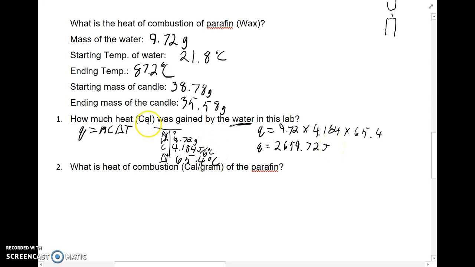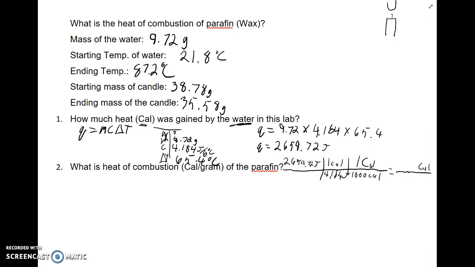But this question asked me for calories. So now I have to use dimensional analysis to convert those joules to food calories. I'll begin over here, 2,659.72 joules. There are 4.184 joules in 1 small calorie, and there are 1,000 small calories in 1 food calorie.